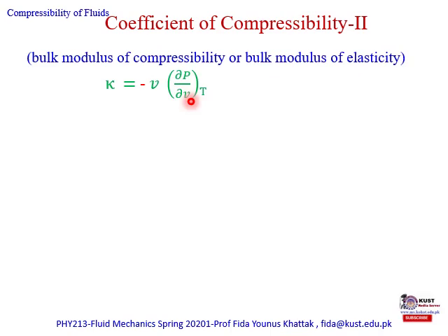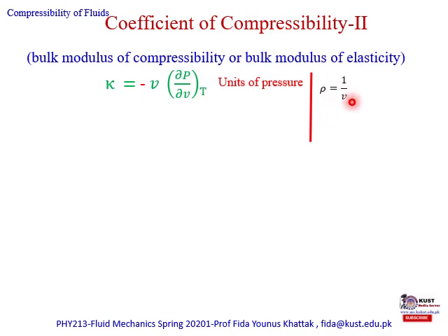Reproducing it here from the last slide, we have kappa is equal to minus V del P over del V at constant T. If we look at the dimension here, we have volume dimension in the numerator and the volume dimension in the denominator. That would mean that kappa will have the dimension of pressure. So the unit we use will be the unit of pressure for the coefficient of compressibility.